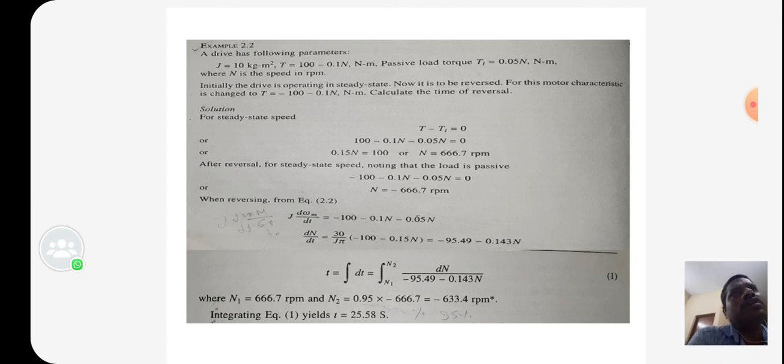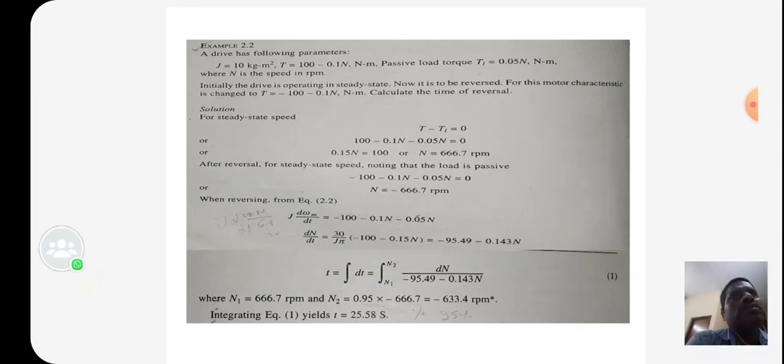So by the equation we put the torque T minus TL is equal to 0, and calculate n is equal to minus 666.7 rpm. Now for the reversing of the motor, we equate J d omega m upon dt is equal to minus 100 minus 0.1 n minus 0.05 n.